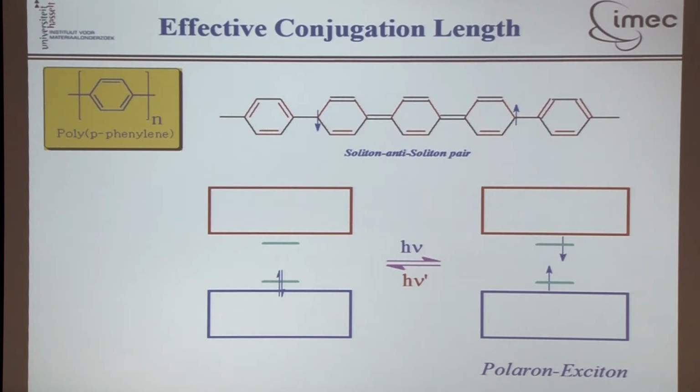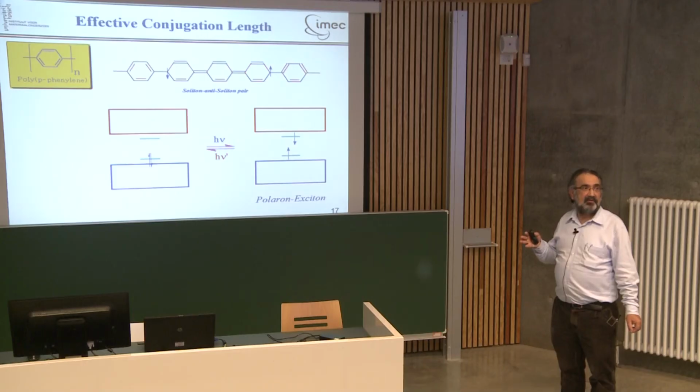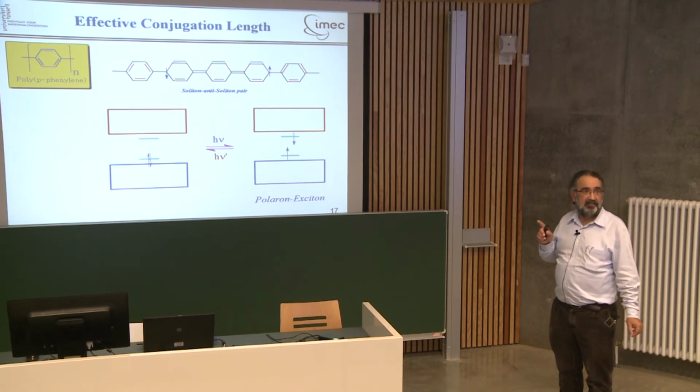The reason is quite simple, because the energetics of this structure is totally different from that structure. This is a benzene ring, and you have aromaticity over here. This is a quinoid system, and the aromaticity, or let's say the so-called delocalization energy, is very low. That's a difference of 30 kilocalorie per mole. Sorry, not kilojoule, kilocalorie per mole.